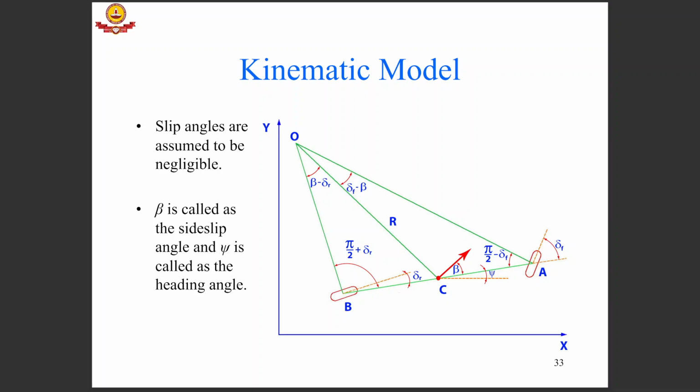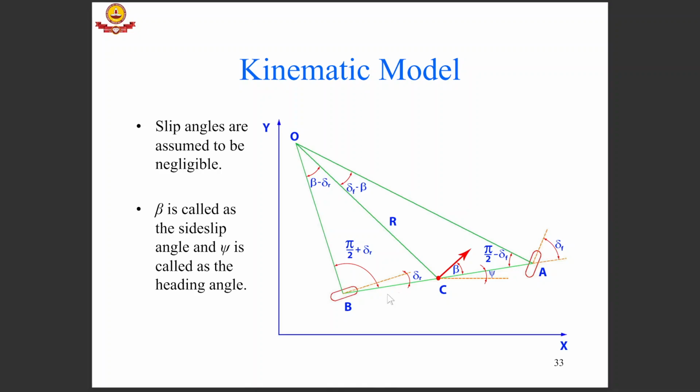So the steering angles for front and rear wheels are delta F and delta R. So this is a generic model where we can consider both the wheels to be steering wheels, and then we can substitute delta R equals 0 for the vehicles we are familiar with.